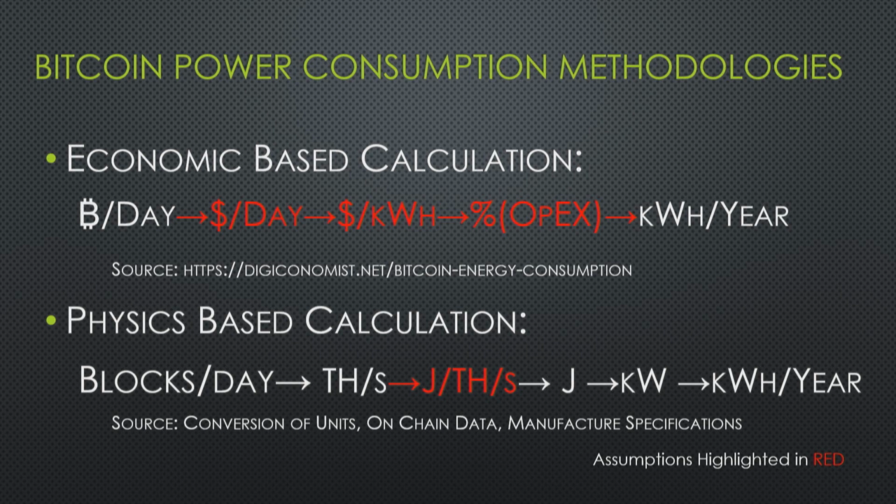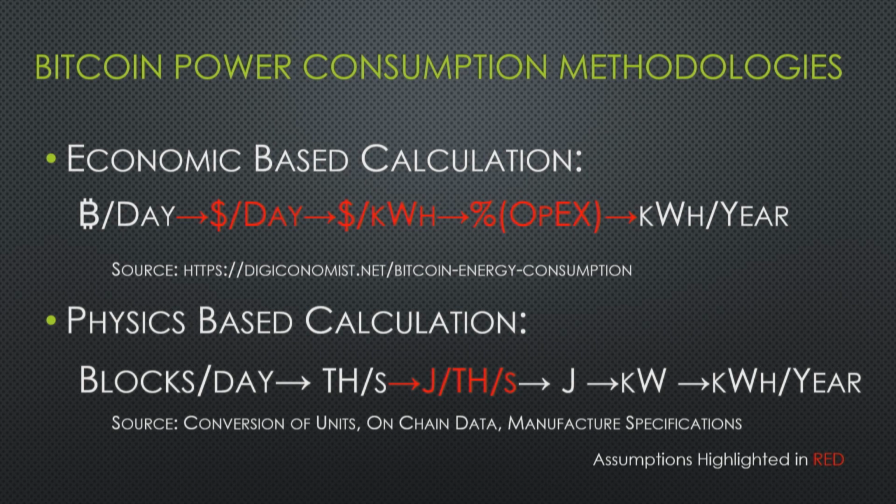With the physics-based calculation, we look at the number of blocks created per day or over a 2-week period in each difficulty adjustment realm, and you can estimate a network hash rate based on that difficulty. From that network hash rate, you would then compare the efficiencies of that hash rate to derive a unit of joules of energy expended, and you can quickly convert that to power and energy per year.